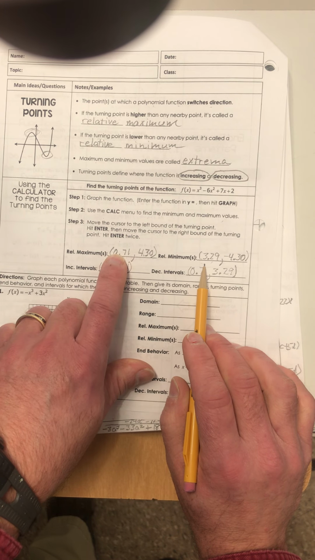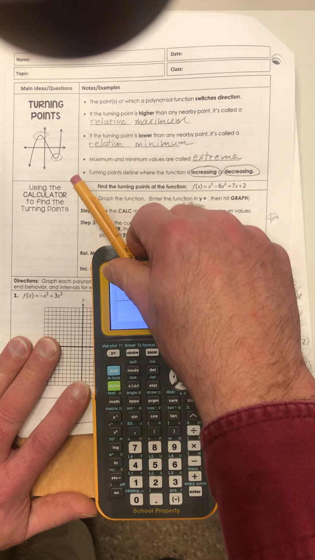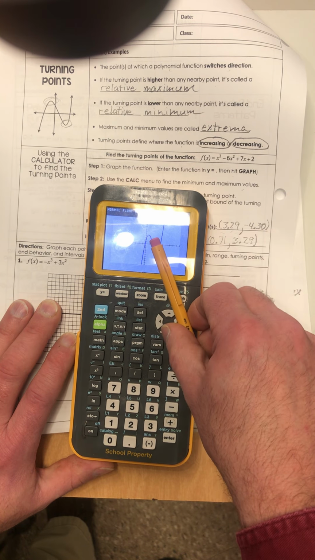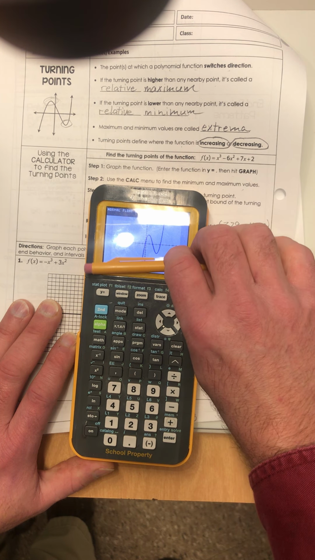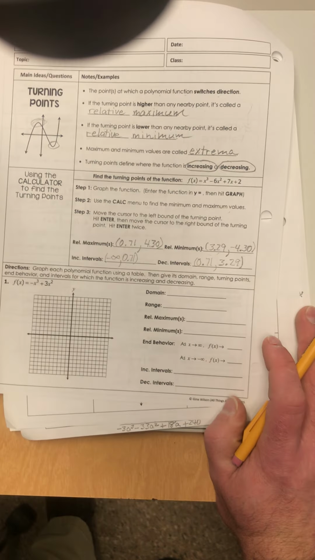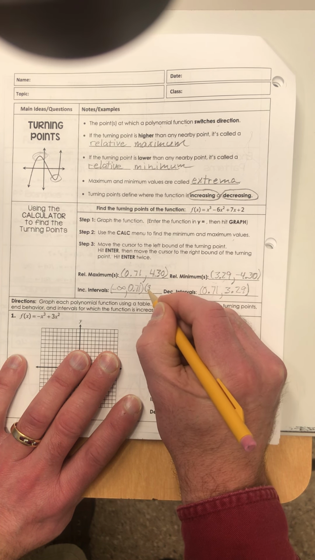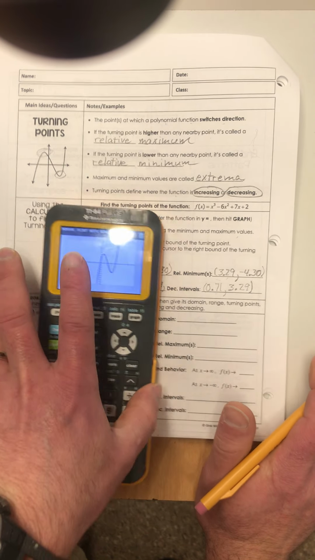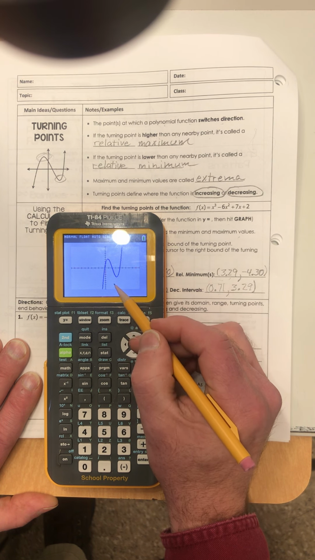So between this relative maximum and this relative minimum, as I'm going from left to right, it's going down. But then it flattens out again at that minimum, and guess what? It starts increasing again, doesn't it? It starts going up. So from 3.29, how long does it keep increasing after 3.29 for x? Infinity.